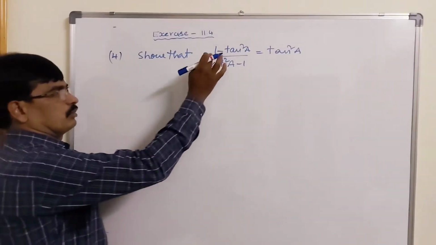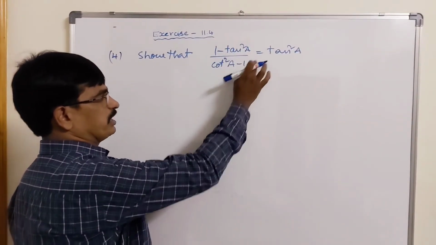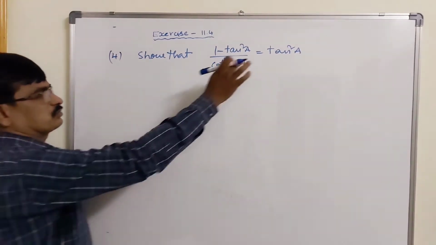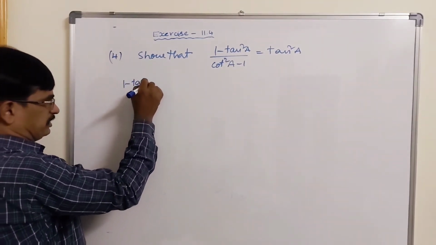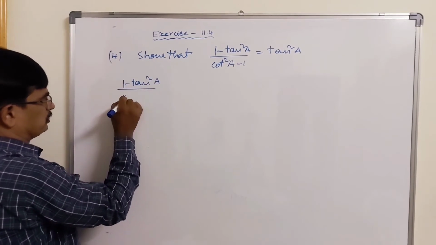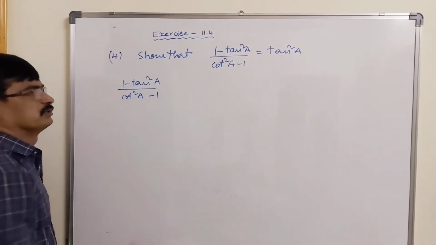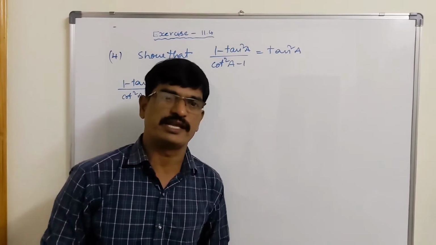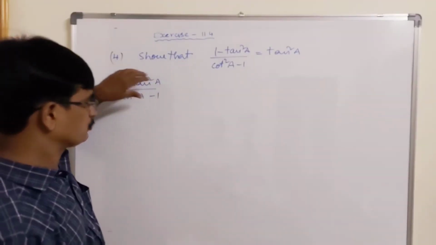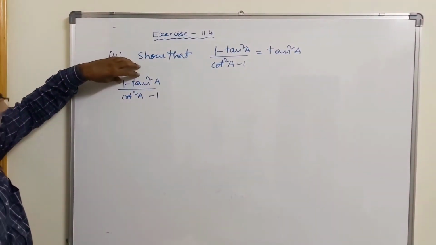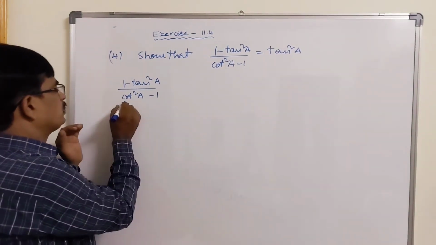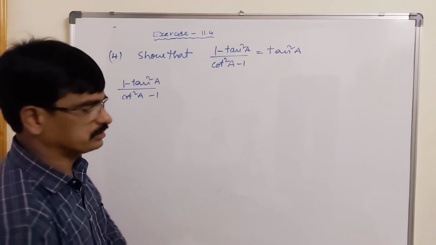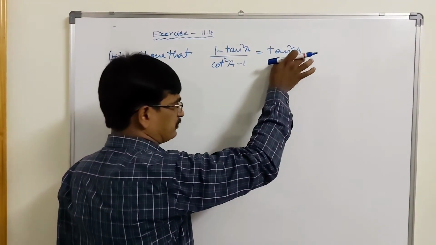Next, show that (1 minus tan square a) by (cot square a minus 1) is equal to tan square a. So let us take (1 minus tan square a) by (cot square a minus 1), because the answer is in tan square a. In the LHS part, the numerator is in tan terms and the denominator is in terms of cot. So the cot term is converted to tan, because the required answer is in terms of tan.